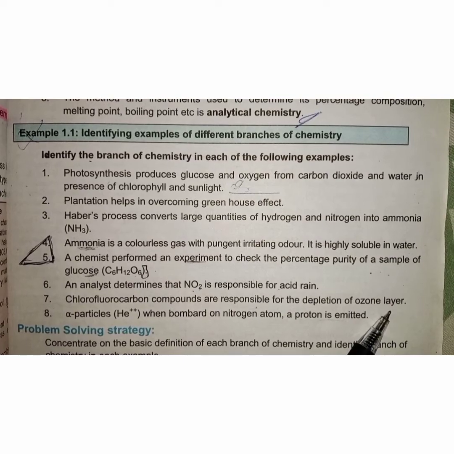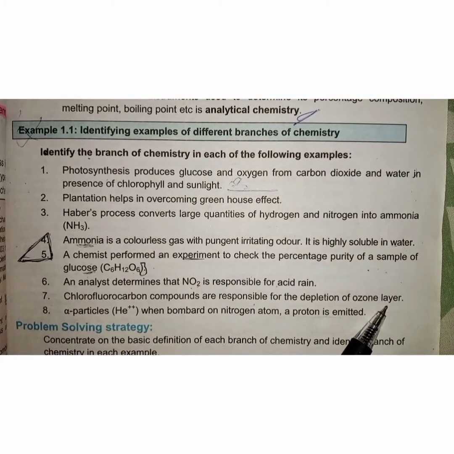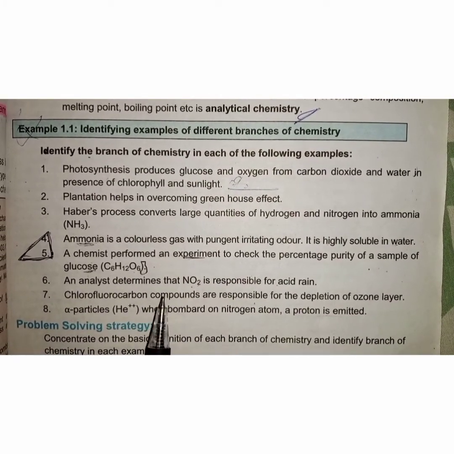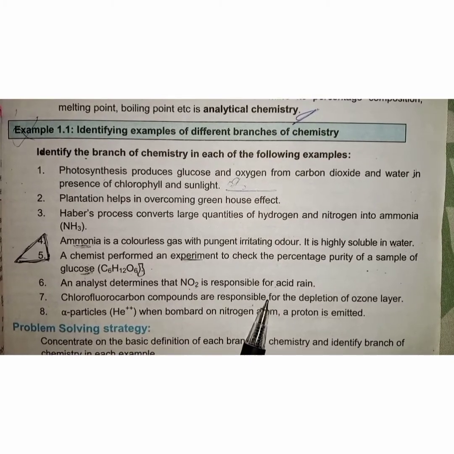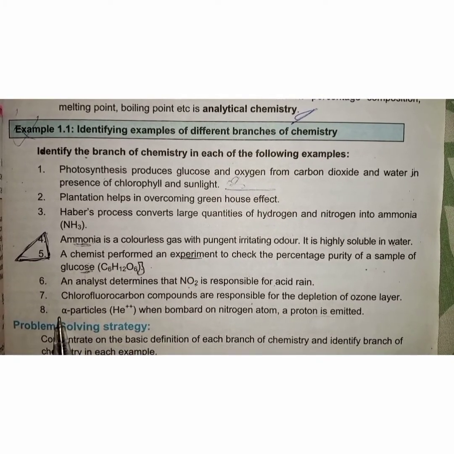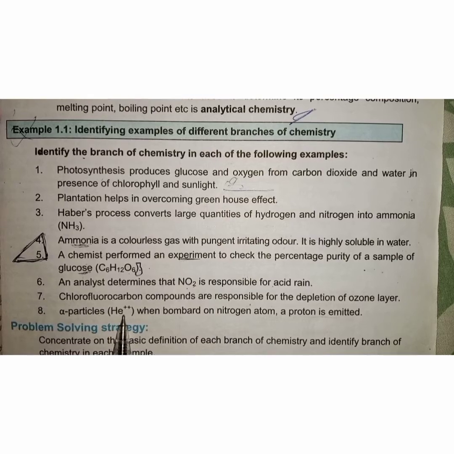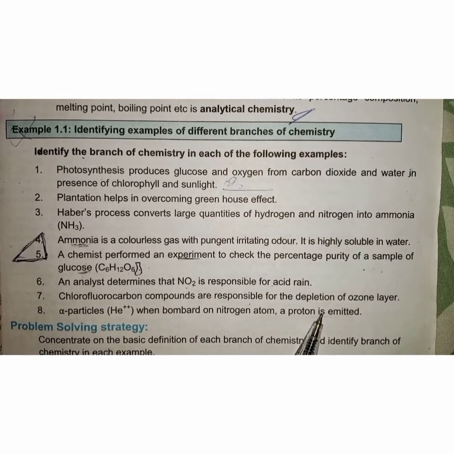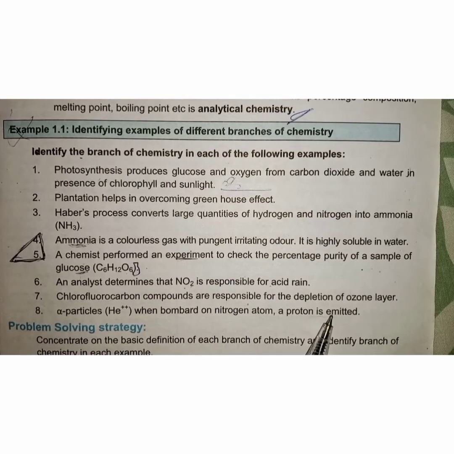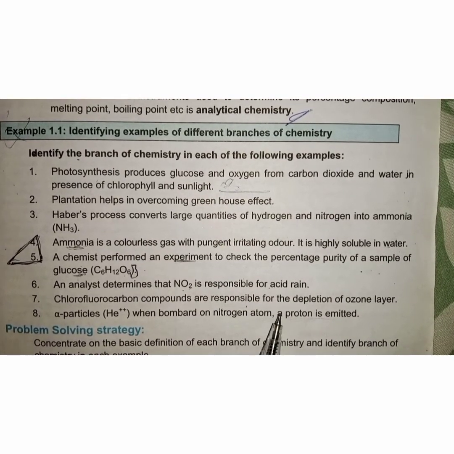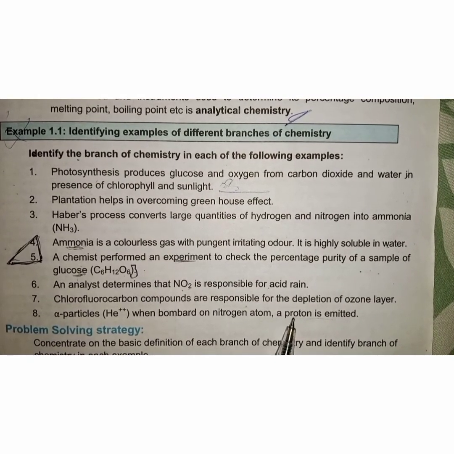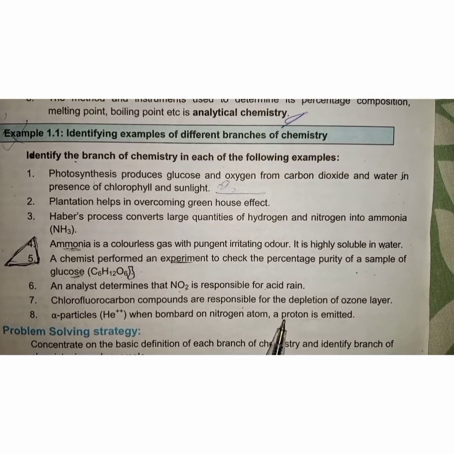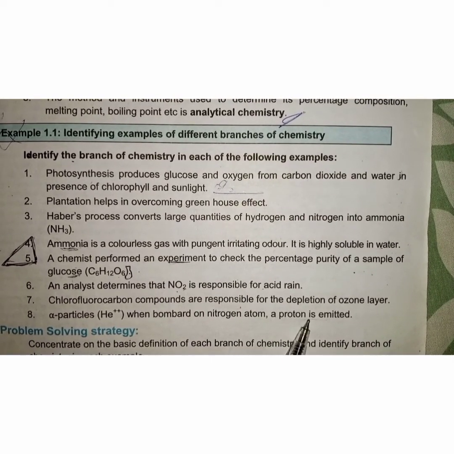This is also an example of environmental chemistry because it is related with the environment. And the last one: alpha particles such as helium, when bombarded on a nitrogen atom, a proton is emitted. It is an example of nuclear chemistry because we know from the protons that it's nuclear chemistry.